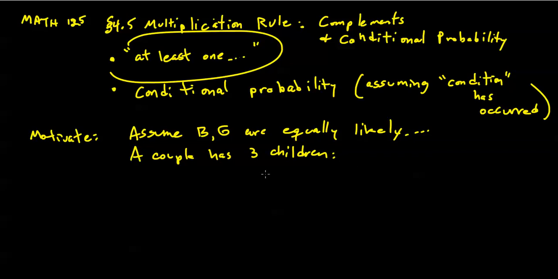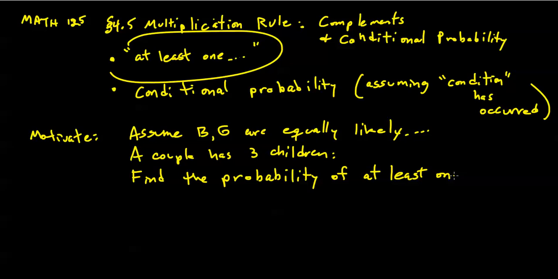Find the probability of at least one boy in those 3 births. So again, the big clue here is at least one. That's one of the major topics of today's online class.